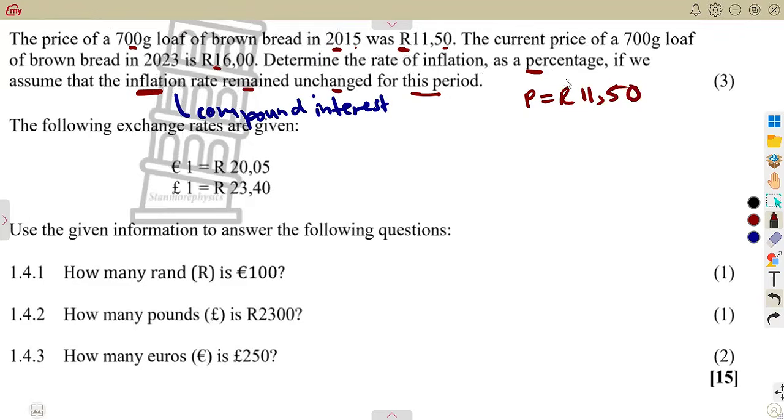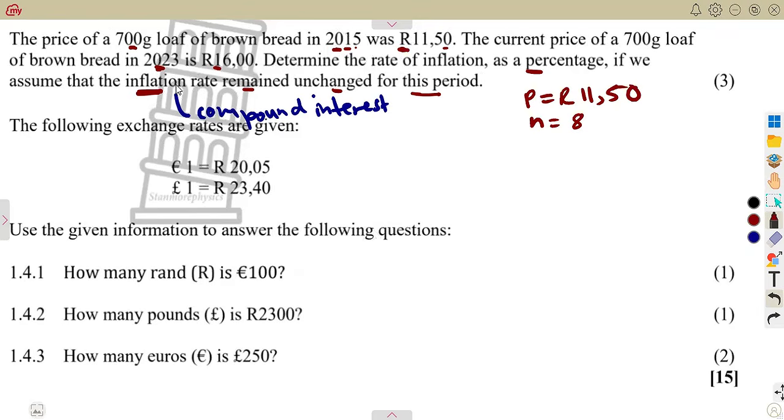Then after how many years? In 2015, you are considering 2015 as part of the year, then the inflation started the following year. So we have to consider just the difference between 2023 and 2015, which gives us 8. So in that case, we're going to use 8. Remember, when you're calculating the number of years, you usually subtract and then add a 1.